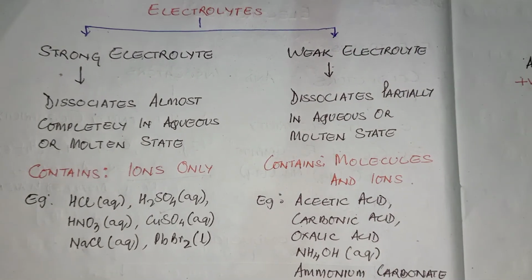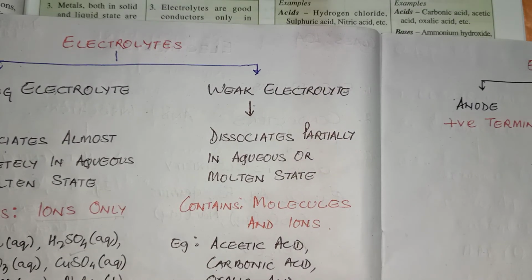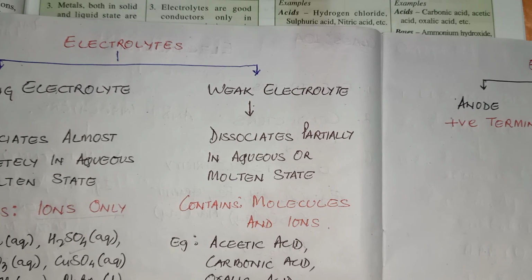So what we have to know between strong and weak electrolytes is that a strong electrolyte dissociates almost completely, and therefore contains ions only in the aqueous or molten state and conducts a large amount of electricity. Whereas weak electrolytes dissociate partially in aqueous or molten state, and therefore contain both molecules and ions, and they conduct less electricity.